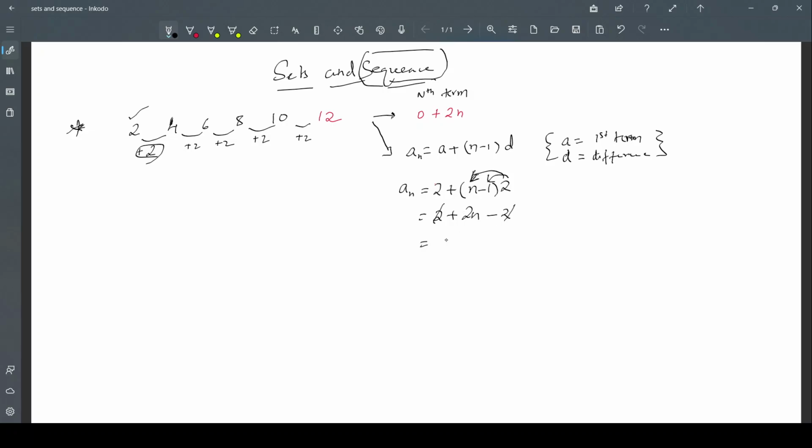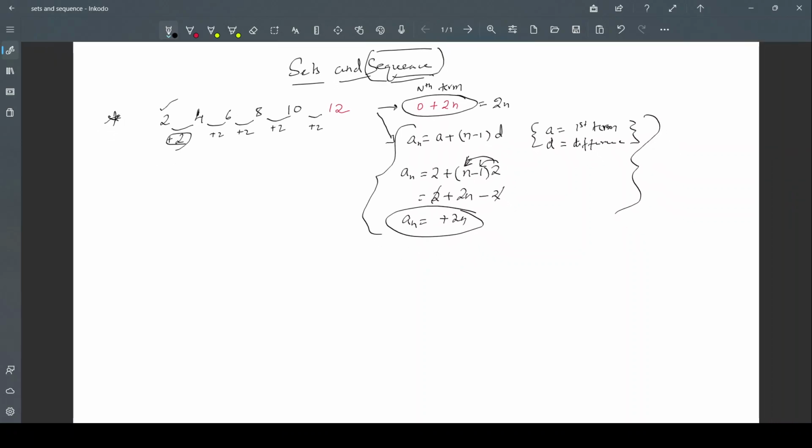Plus 2 and minus 2 cancel out, so you are left with 2n. So you can see the answer is the same as 0 plus 2n, and 0 will not be included over there. In either way you can do it, but if you remember the formula method, it will be much better for you. We'll be using both ways to find it in this lecture.